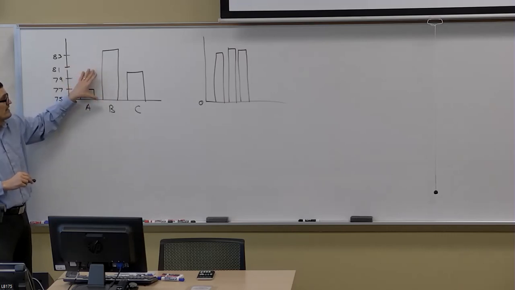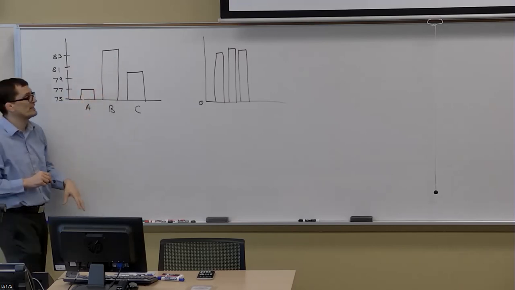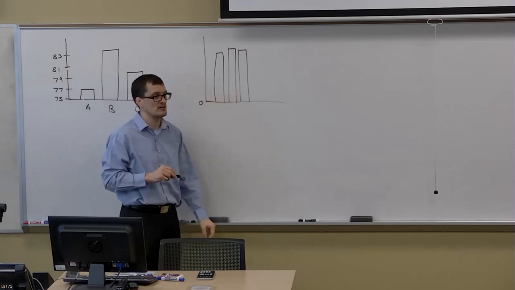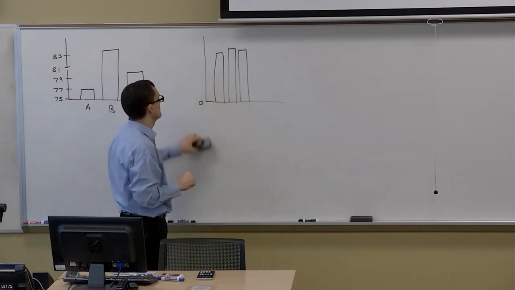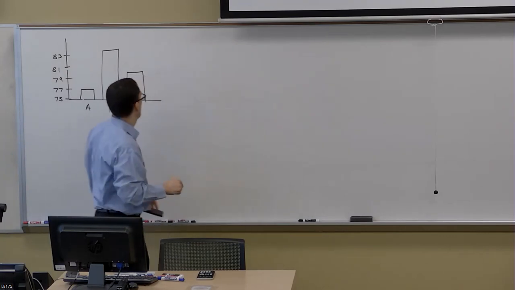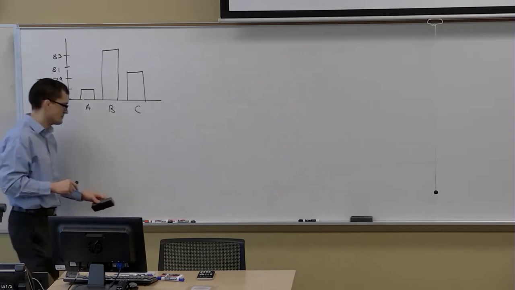Putting a graph like this makes it look like there's a big difference. Putting the graph like this makes it look like there's not much difference at all. Everybody follow that? So a lot of times people will do that with bar graphs, and you have to watch out for bar graphs that don't start at 0, because then the bars aren't going to be proportional to the numbers that they represent. Okay.